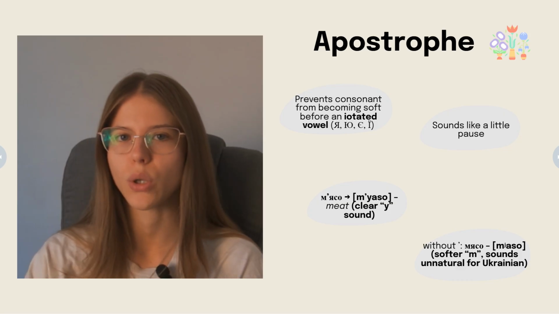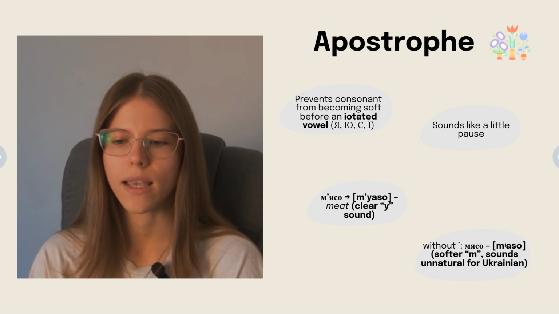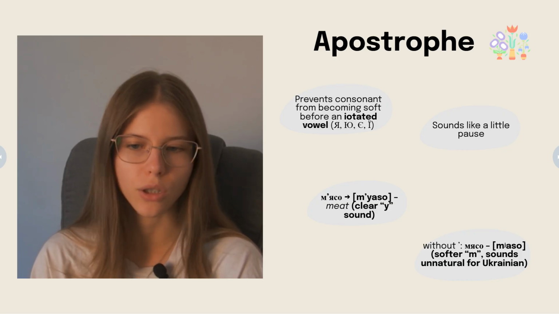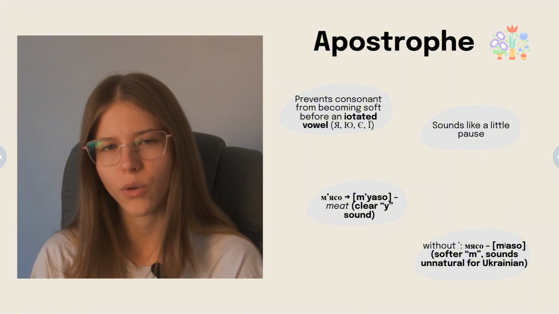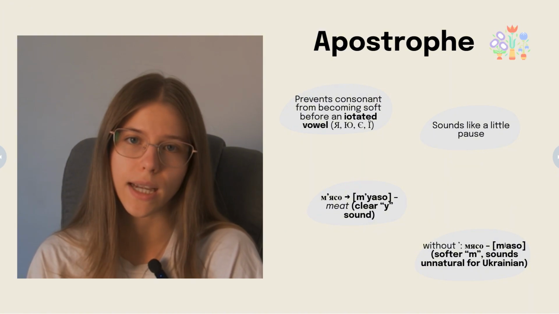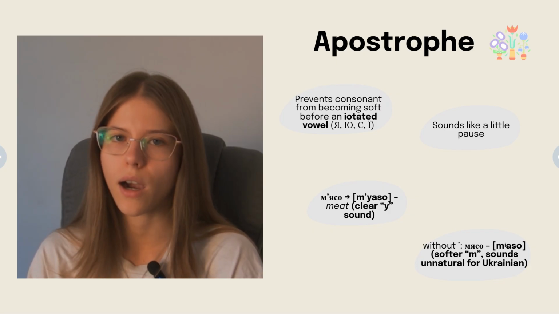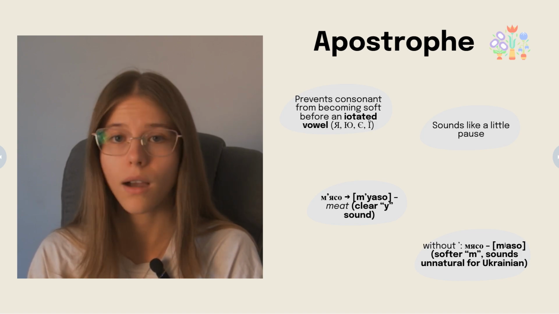I pronounce all sounds. It's incorrect to say miaso. We don't need to make m soft, because the apostrophe is kind of the opposite of a soft sign. With soft sign we pronounce the syllable soft, with apostrophe hard. So mi soft, m hard.